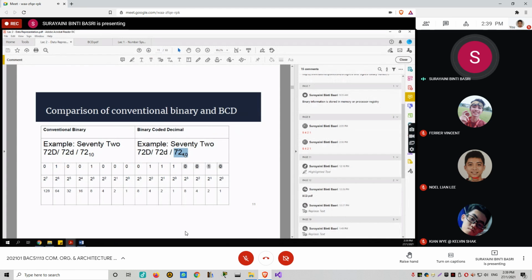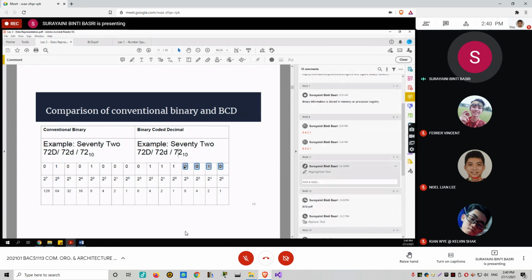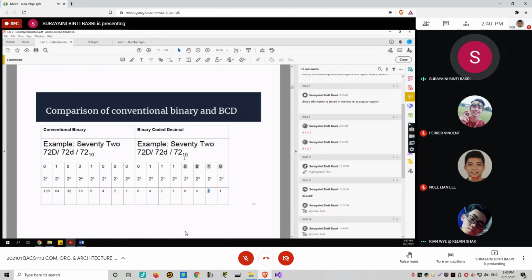We will separate each of this decimal digit and then get its representative binary number for each of these numbers. So for example 2, the first 4 bits here will be 0100, because we will get 2 at the position of 2 power of 1.